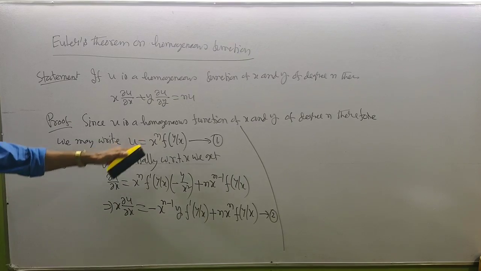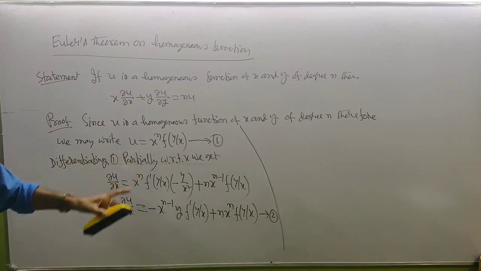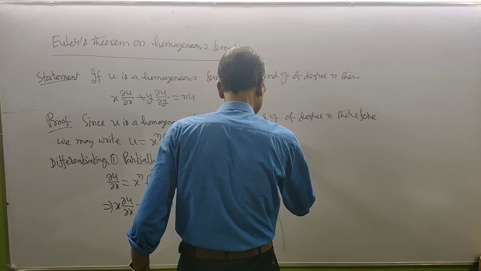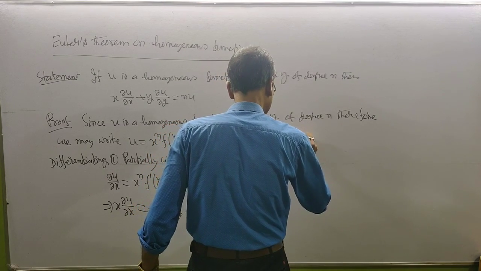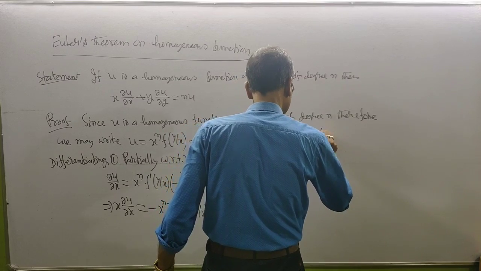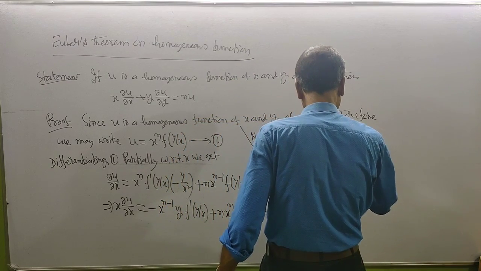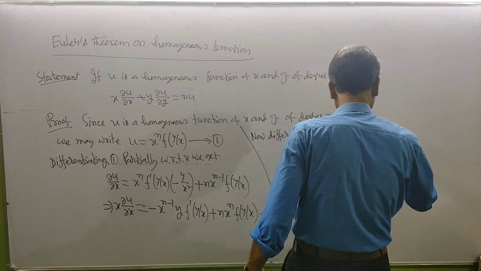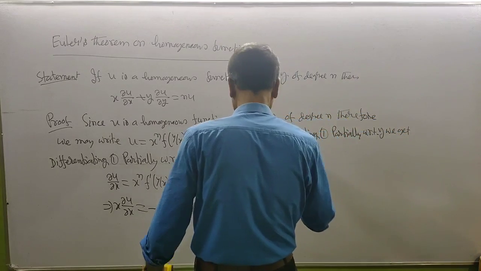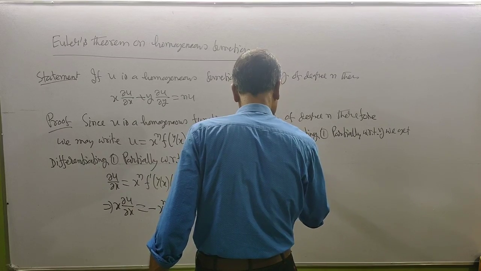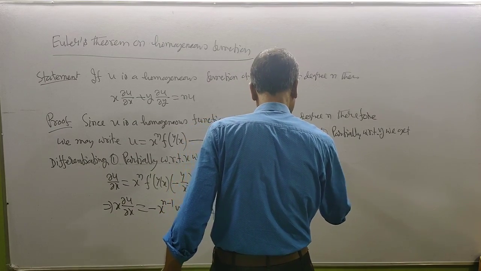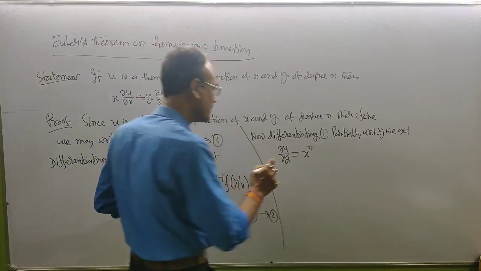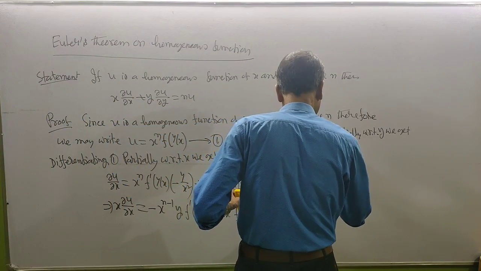Now, differentiating (1) partially with respect to y, we get del u by del y equal to x to the power n, which is constant, times f dash y by x.